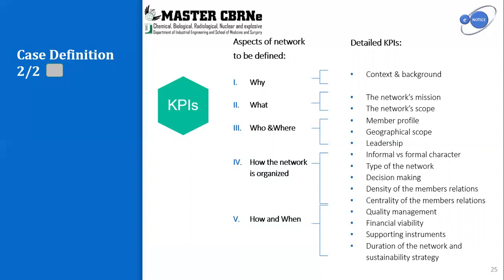And on the right column, you can find the characteristics in which we expected to find the answer to the questions on the left column: context and background, the network's mission, the network's scope, and so on.